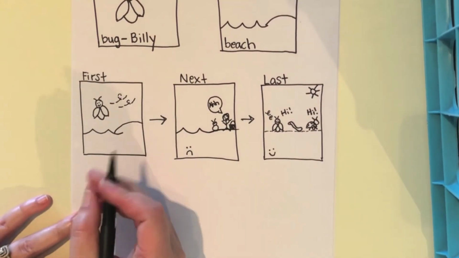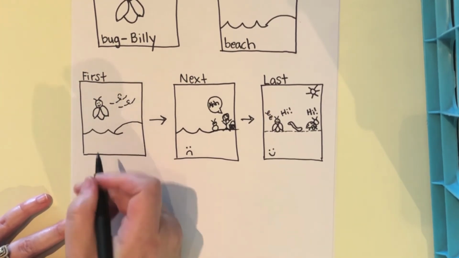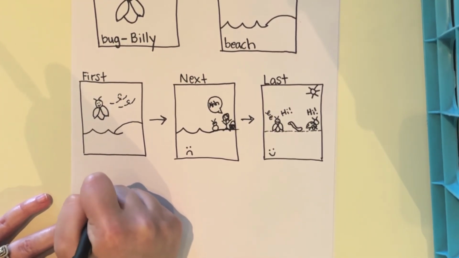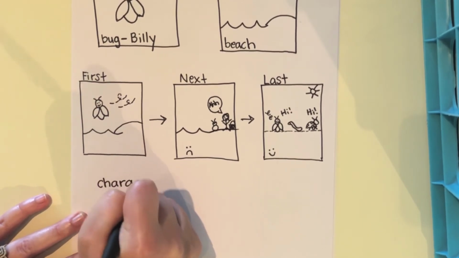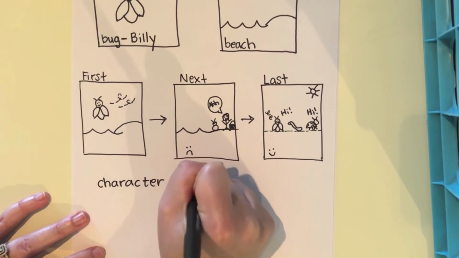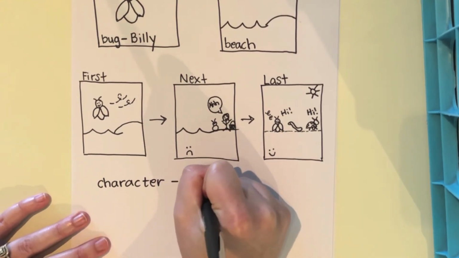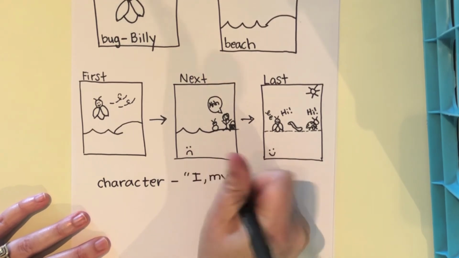So I can either have this told by the bug. So that is when a character is telling the story. And when a character is telling the story, we're using words like I flew in the air, my wings.